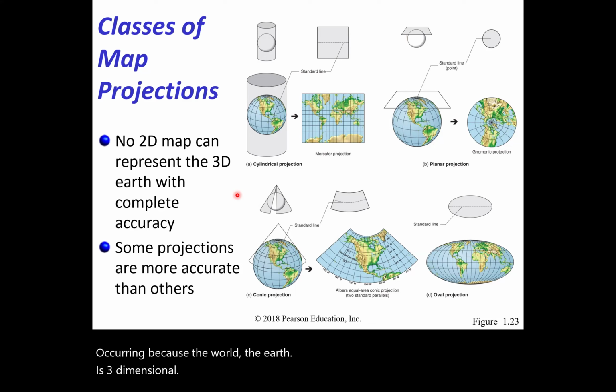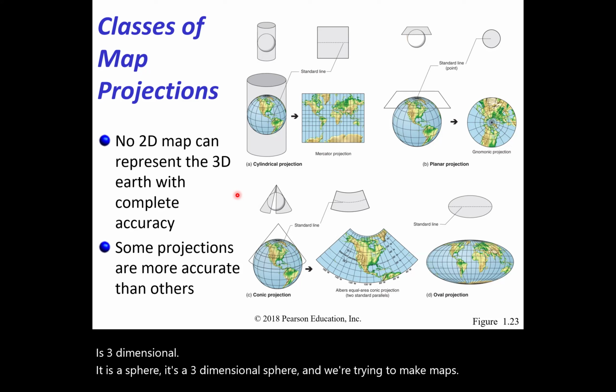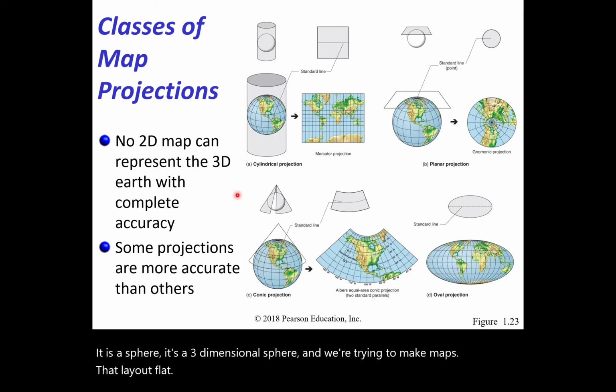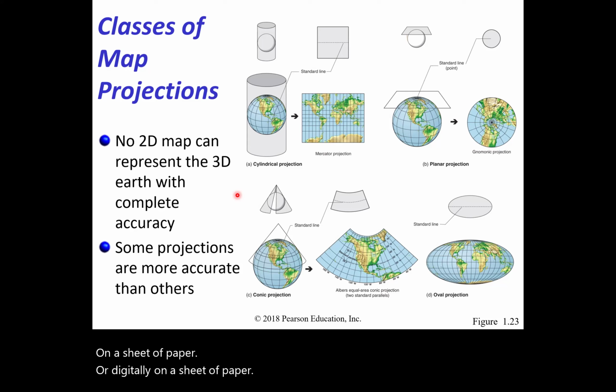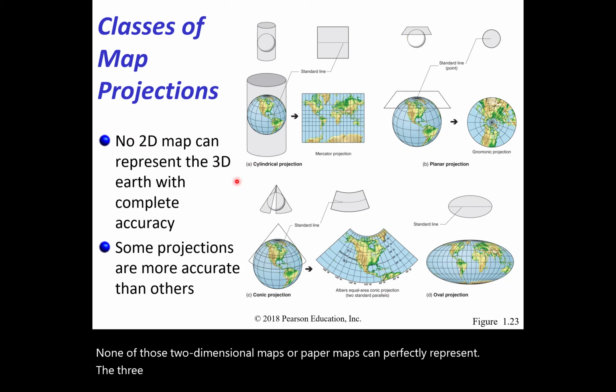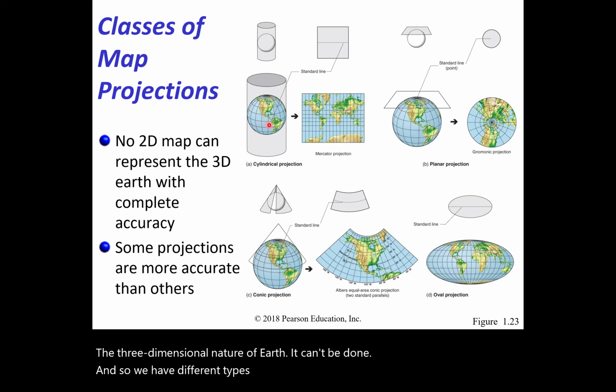It is a sphere. And we're trying to make maps that lay out flat on a sheet of paper, or digitally on a sheet of paper, quote unquote. So none of those two-dimensional maps or paper maps can perfectly represent the three-dimensional nature of Earth. It can't be done.